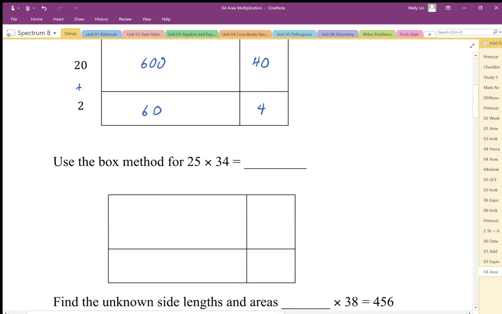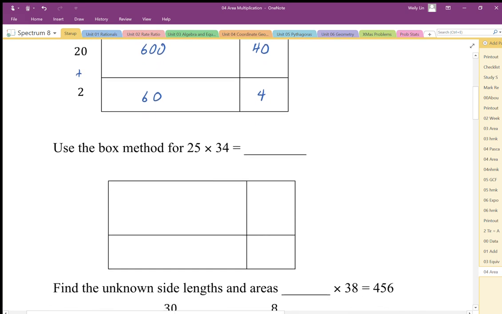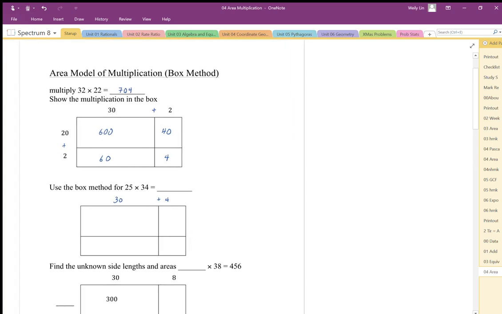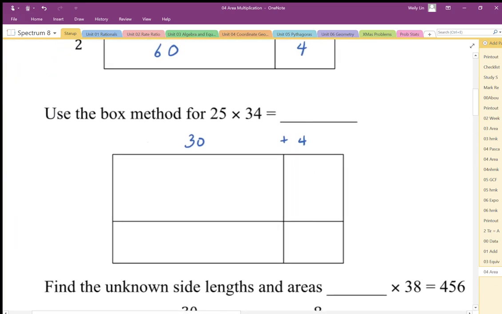So we can do this for 25 times 34. So I can maybe make this length equal to 30 plus 4. Okay, and then we'll make this into 20 plus 5. Okay, and again, we can just work out each individual area piece because there's a much easier, simpler calculation.